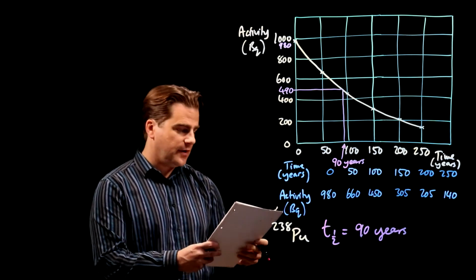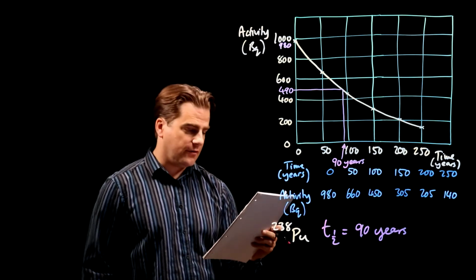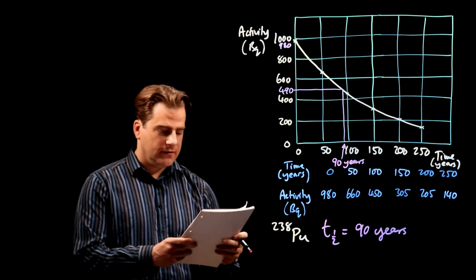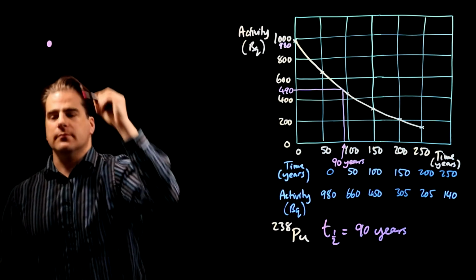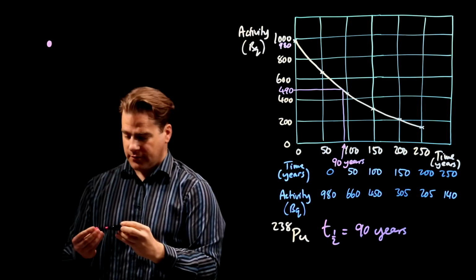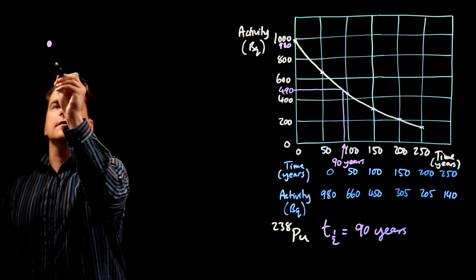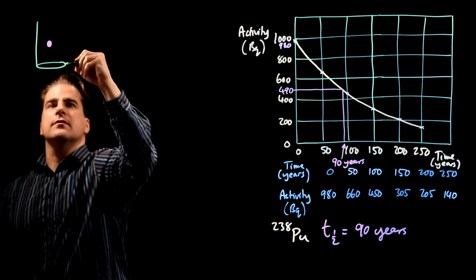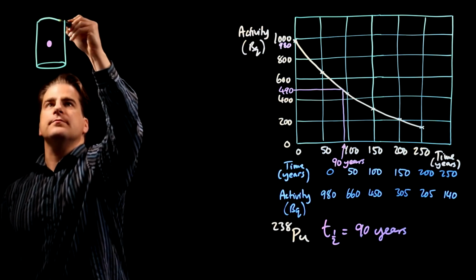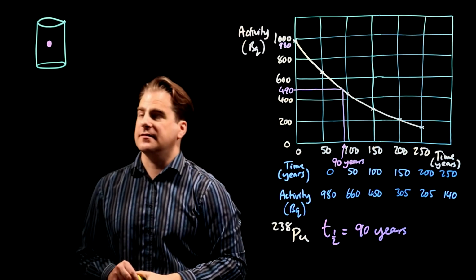Plutonium-238 transfers thermal energy as it decays. This energy is used to power heater units in spacecraft. So you have a bit of a lump of plutonium, sort of embedded inside a ceramic cylinder.